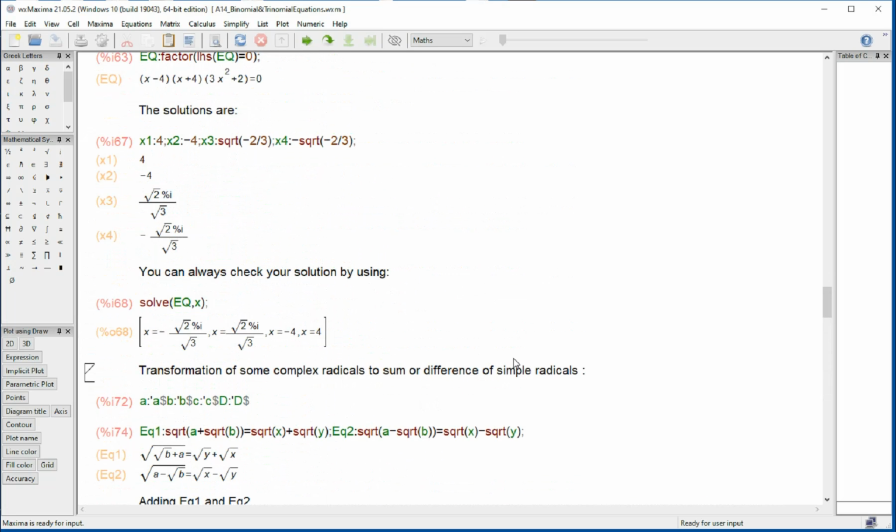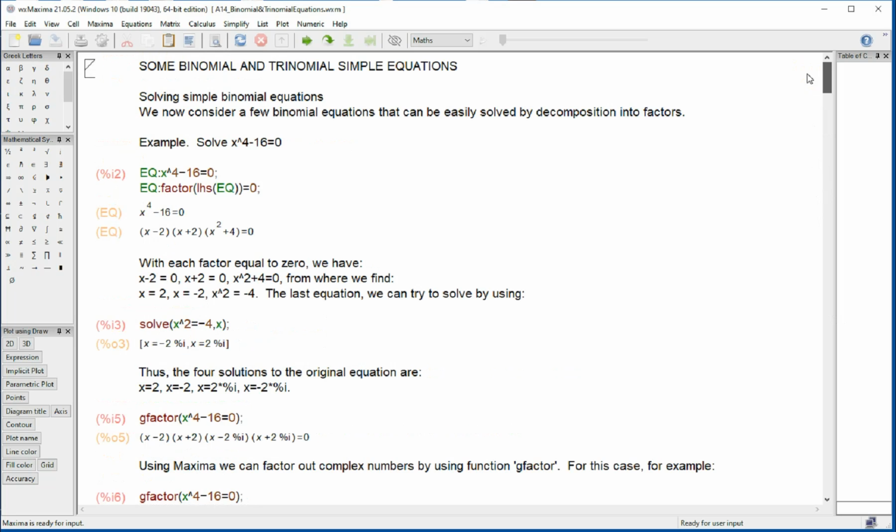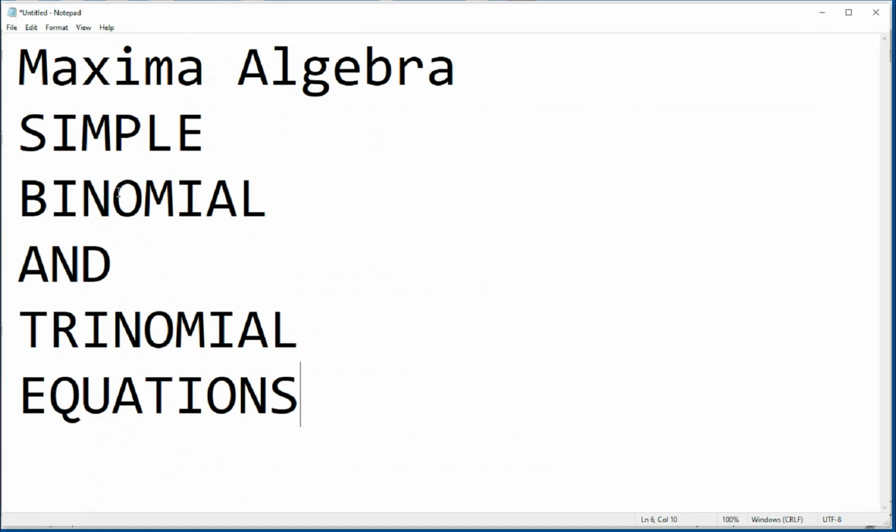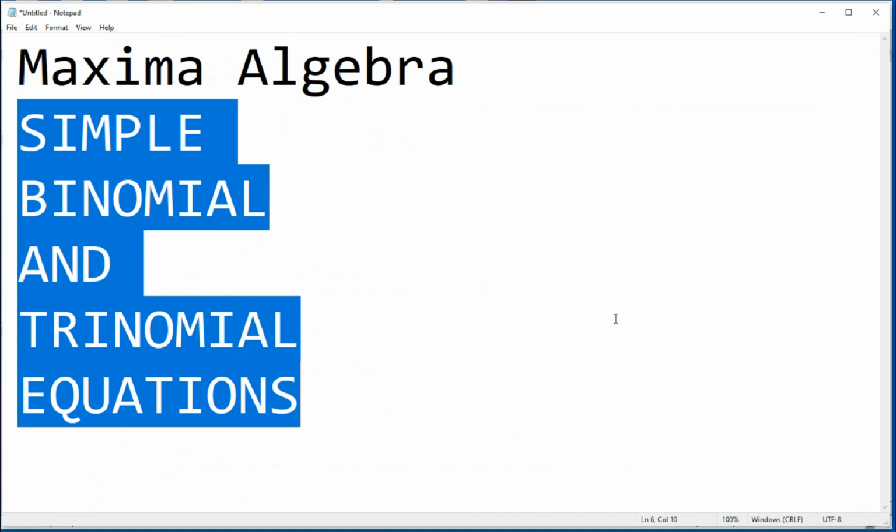And so these are a few of the examples that I wanted to present for binomial and trinomial equations. This doesn't cover every single binomial and trinomial equation, but some special cases can be easily solved using factorization of the quadratic equation and then conversion of the radicals as presented before. And so with this we finish this video on simple binomial and trinomial equations.